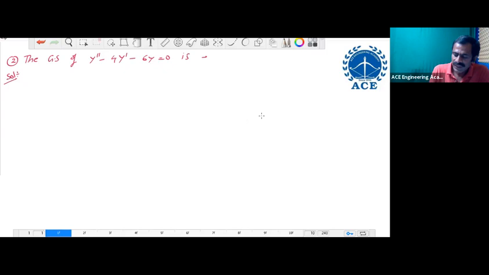The general form of the second order linear differential equation is d square y by dx square plus P1 of x dy by dx plus P2 of x into y equal to Q of x. It is the general form of a second order linear differential equation.